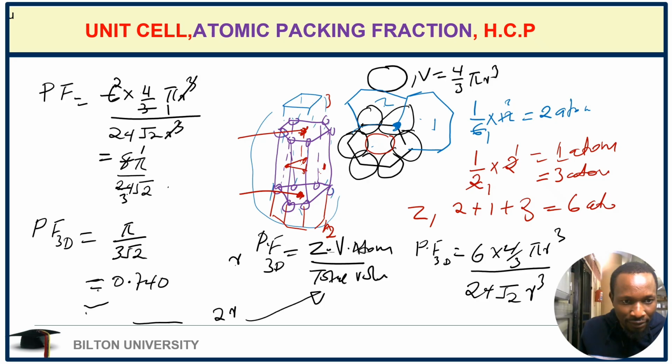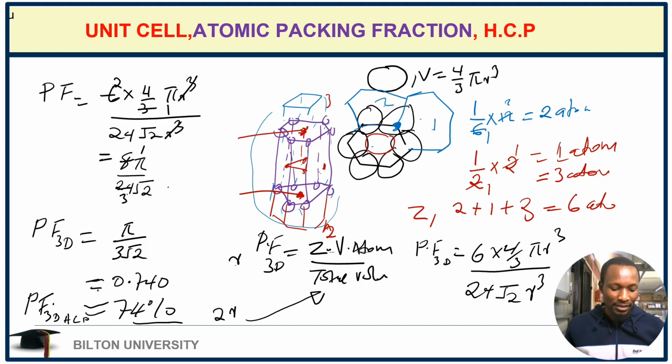0.740, which if you write it in terms of percentage, by multiplying by 100, we are going to get 74%. So this is the atomic packing fraction in 3D for H.C.P. It tells us that for 3D H.C.P, 74% of the entire volume of a unit cell is occupied by the atoms.